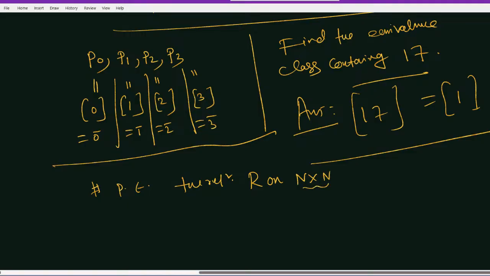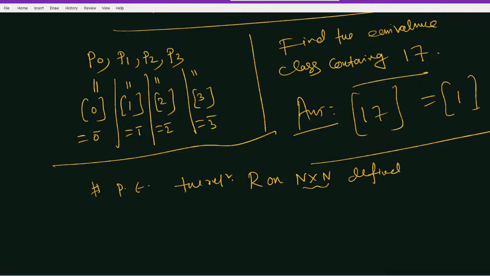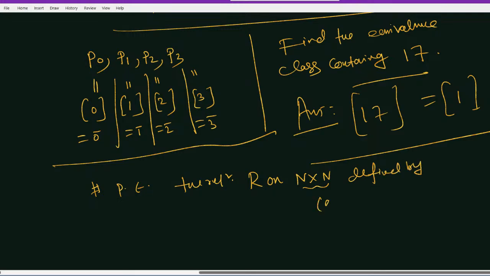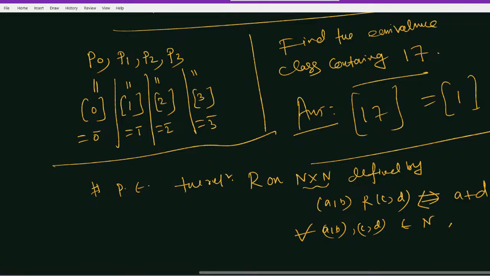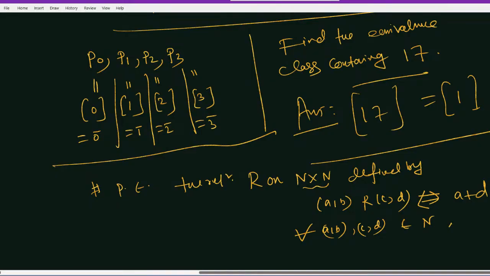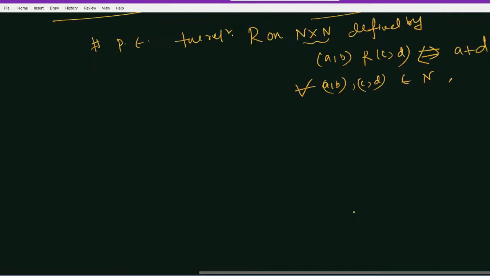The relation is not only on one set, the relation is going to be on N cross N. N is the set of natural numbers, defined by (a, b) R (c, d) if and only if a plus d equals b plus c, for all (a, b), (c, d) belonging to N cross N.